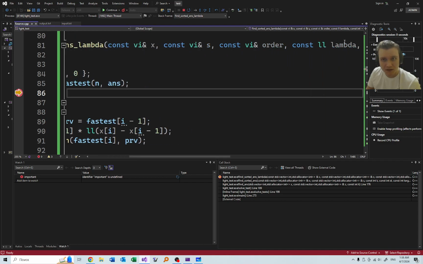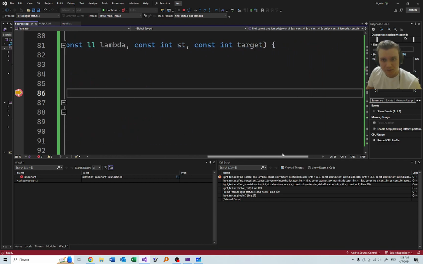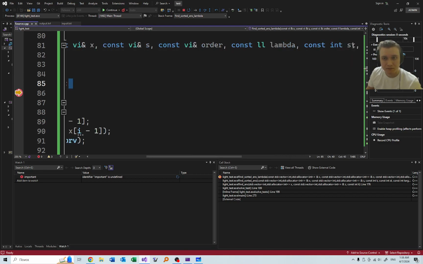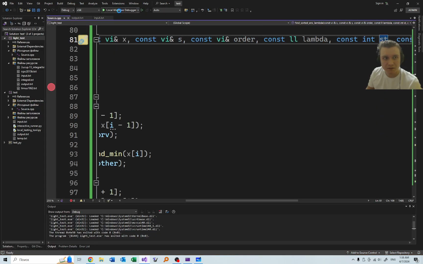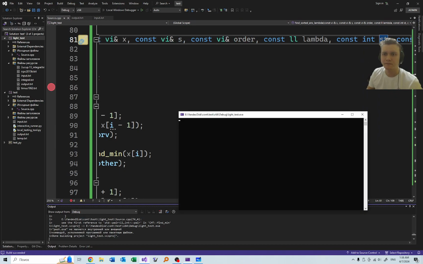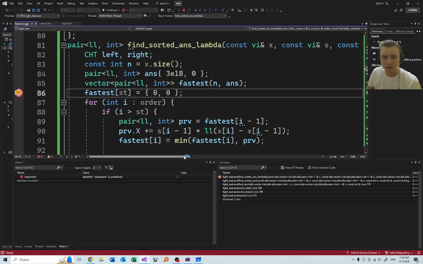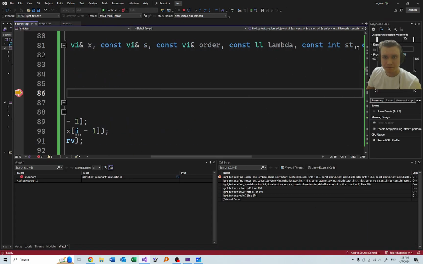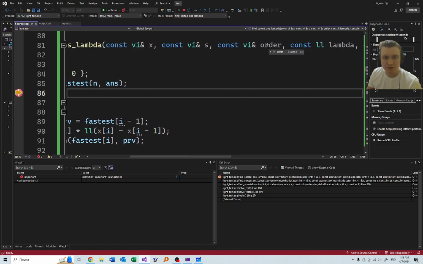The target is minus 1. ST is... I need to debug here. ST is 1, lambda is huge.